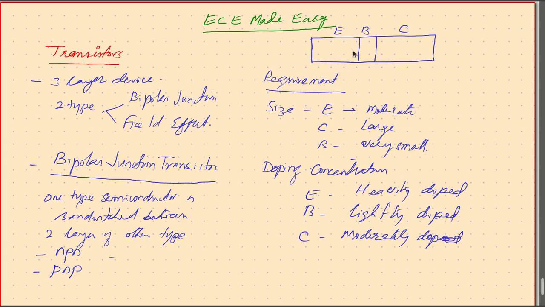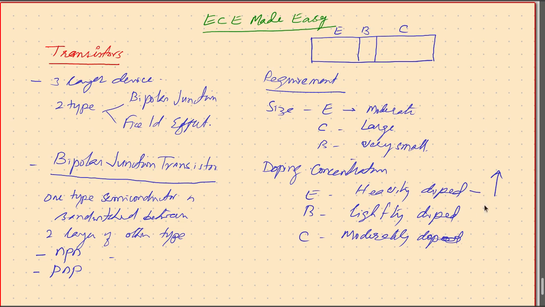One, emitter. Its main purpose is to emit. Therefore, the heavy doping is going to create a large number of free charge carriers that will start this conduction. The base is very lightly doped.